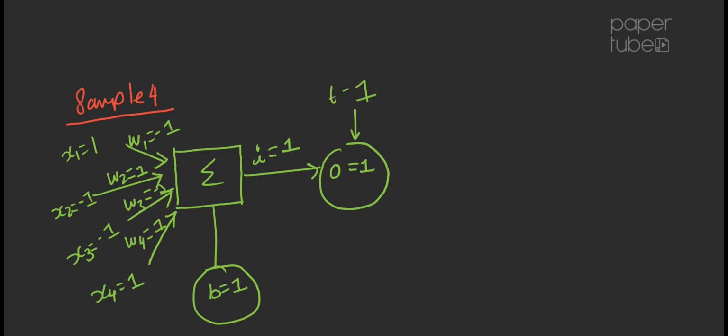And your target value should be equal to minus 1. So what we have here, your net input value is greater than 0, which means that's why it's firing an output value of 1, but your target is minus 1. So clearly your target is not equal to your net output.